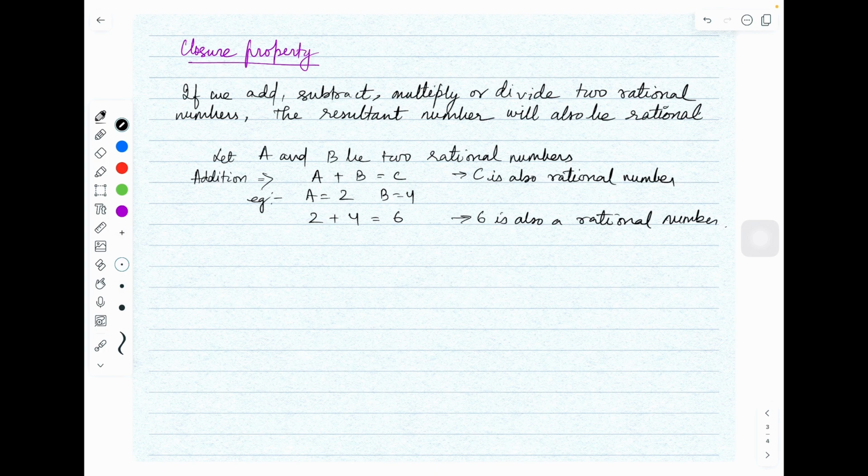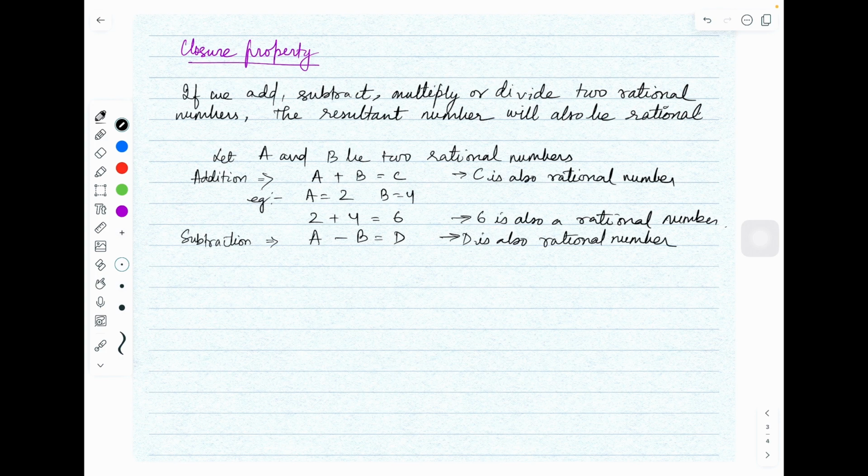Then we go for subtraction. What does it say? It says that if you subtract two rational numbers, the resultant number is also a rational number. If you subtract a and b, the resultant number is d. d is also a rational number.